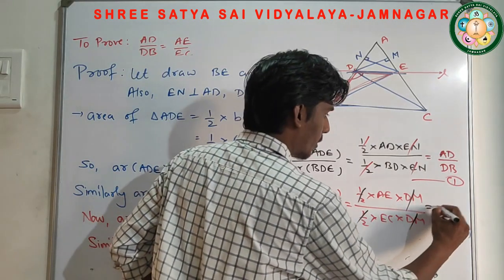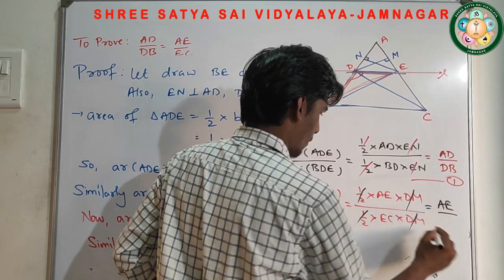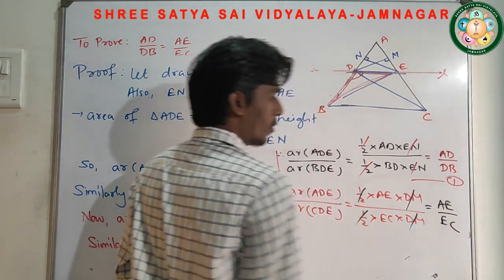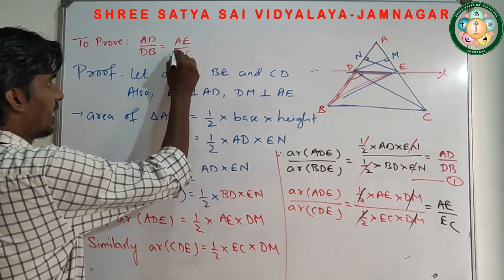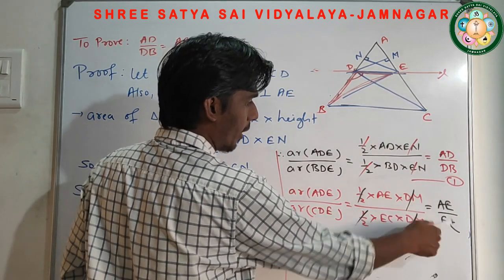So what is remaining here? It's A upon EC. So what I want here is A upon EC, and AD upon DB. AD upon DB, A upon EC.